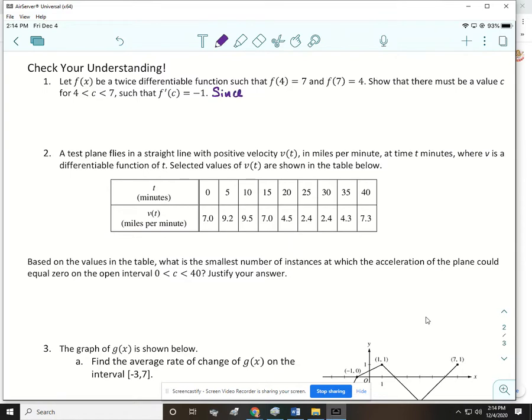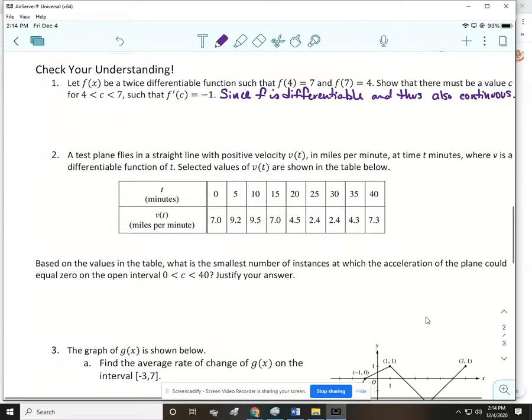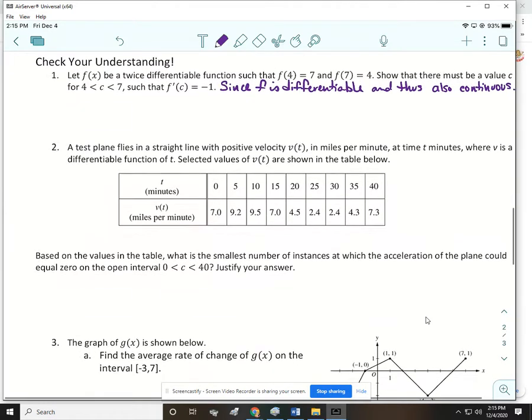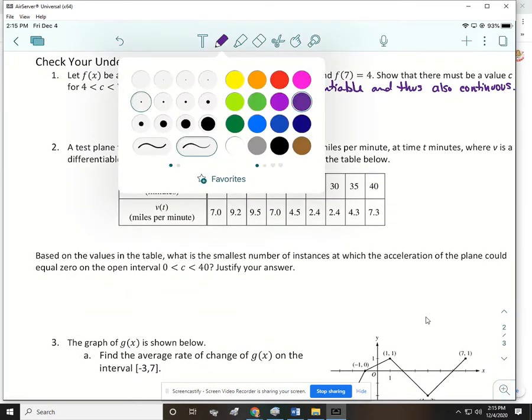So since f is differentiable, and thus also continuous. Okay, so that's the first condition. We're good. Now we're going to find the average rate of change. I'm going to go over on the side to do that.